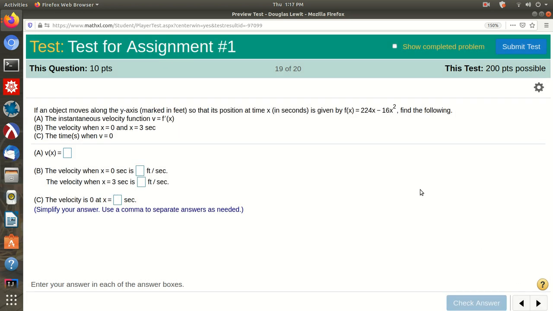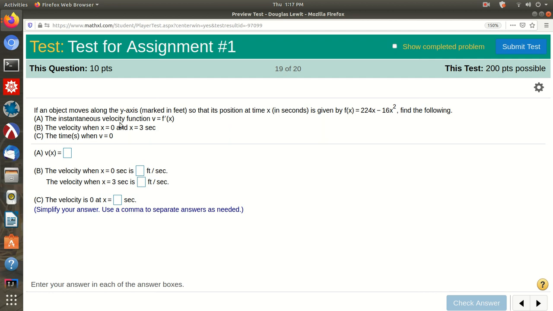Okay, 2 more questions and we are done. If an object moves along the y-axis marked in feet, so that its position at time x in seconds is given by f of x is equal to 224 x minus 16 times the number of seconds squared, find the following.